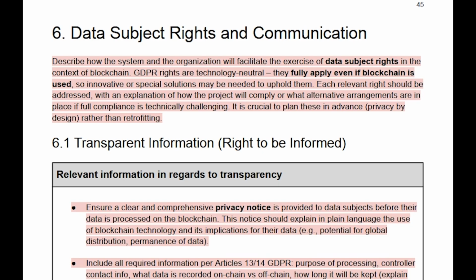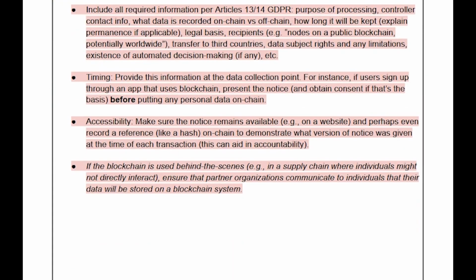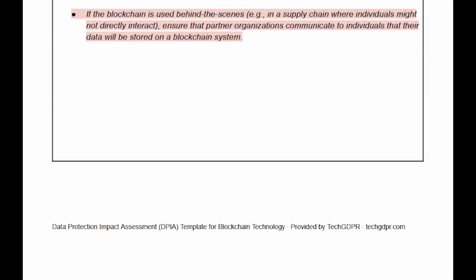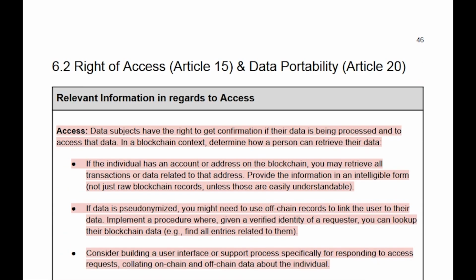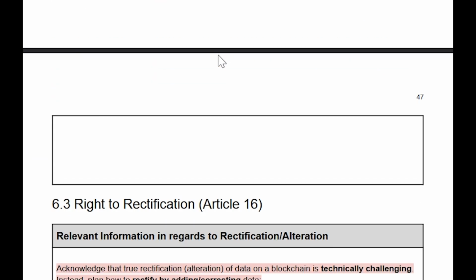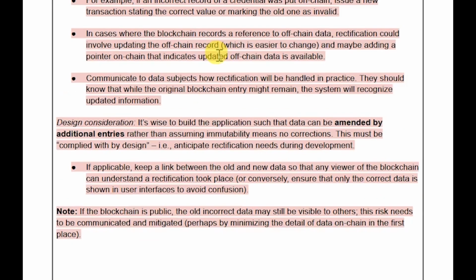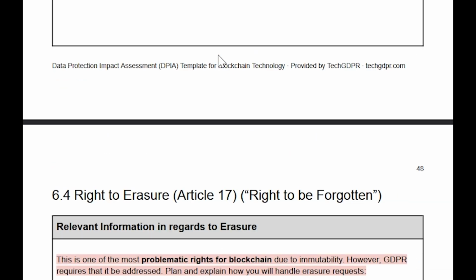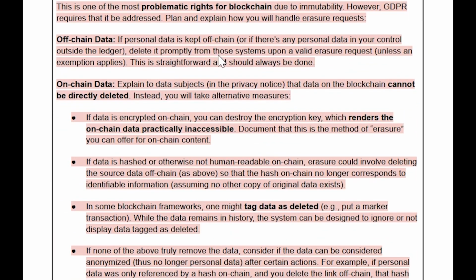Transparent information, which corresponds to right to be informed. Right of access and data portability. Listed here are the associated articles in the GDPR. Right to rectification, right to erasure, also known as the right to be forgotten.